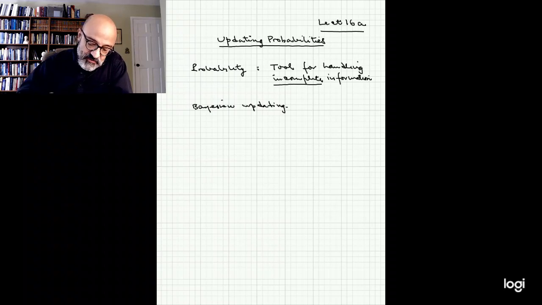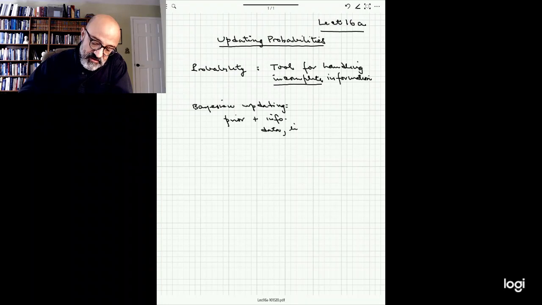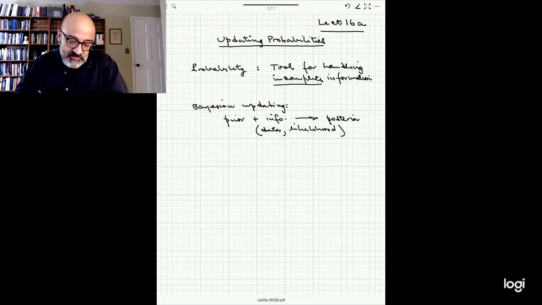In this case, it was clear that you start from a prior, you add some information, and this comes in the form of data and in the form of a likelihood function. And this is what leads you to a posterior.